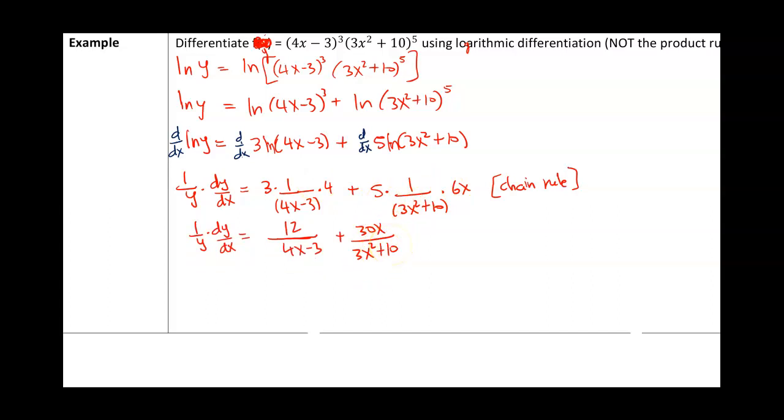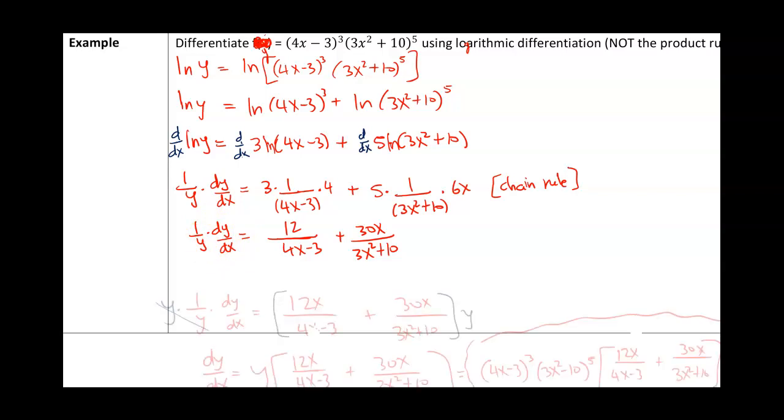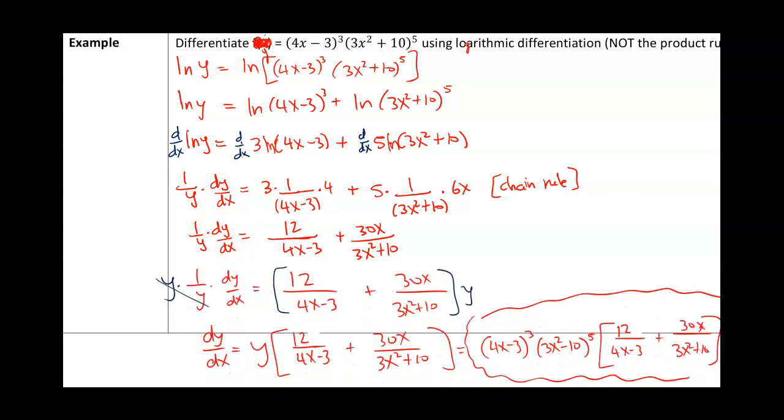Now the thing is, we can't quite stop here because our objective is to get that dy dx by itself, and it's not because you have the 1 over y. So now we're going to multiply both sides by y. So we get this whole thing, 12 over 4x minus 3 plus 30x over 3x squared plus 10, multiplied by y, so the dy dx is by itself. But we don't want something in terms of y.